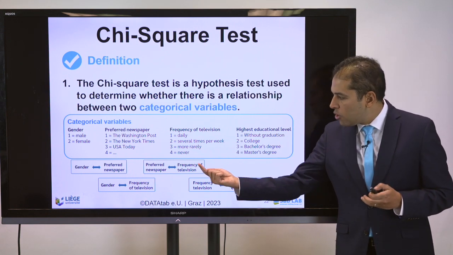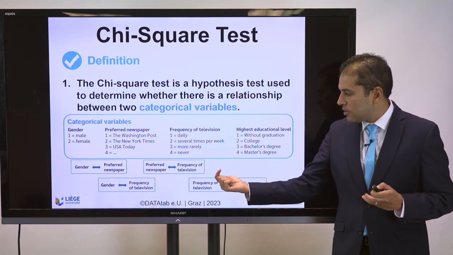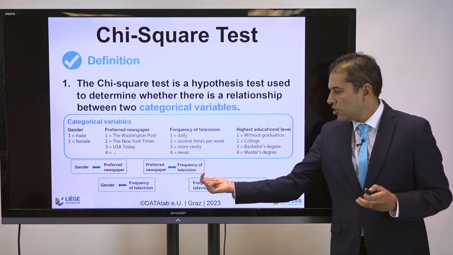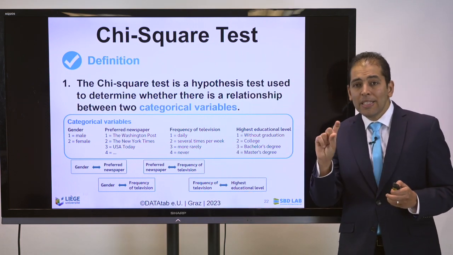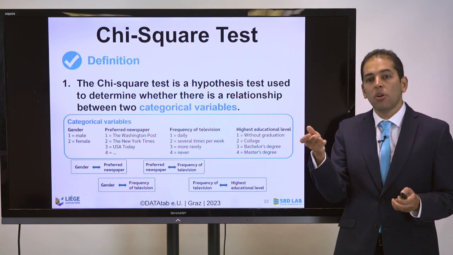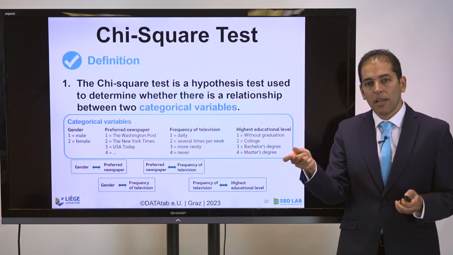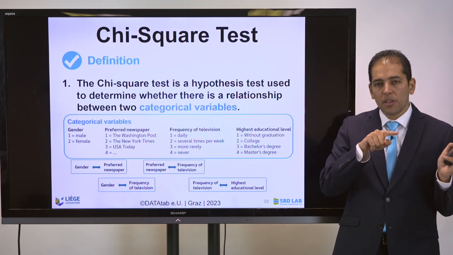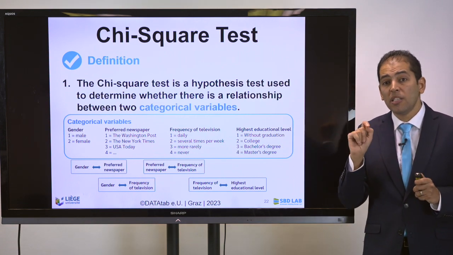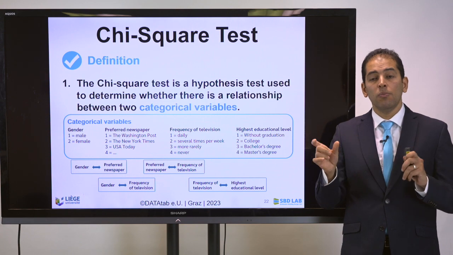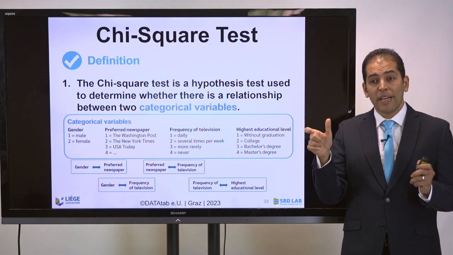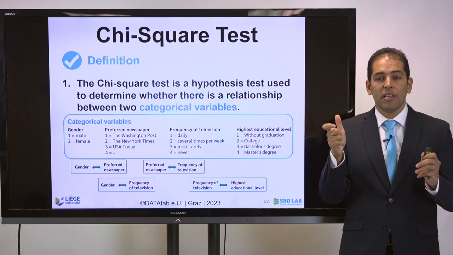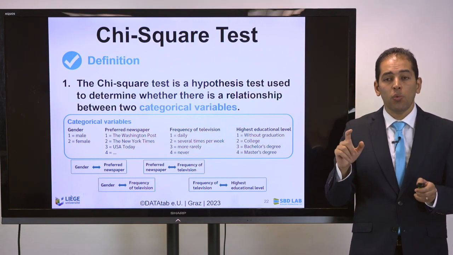So I start to correlate gender to the preferred newspaper, the newspaper to television, gender to frequency of television, to highest education. Here I am starting to compare and test any correlation between one parameter and another. So the chi-square is very useful if you want to compare two different variables, and you have a hypothesis that claims that there is a correlation between one and the other.